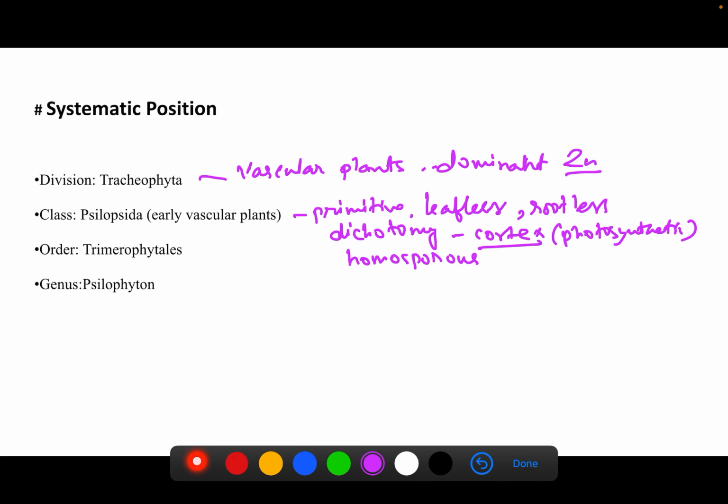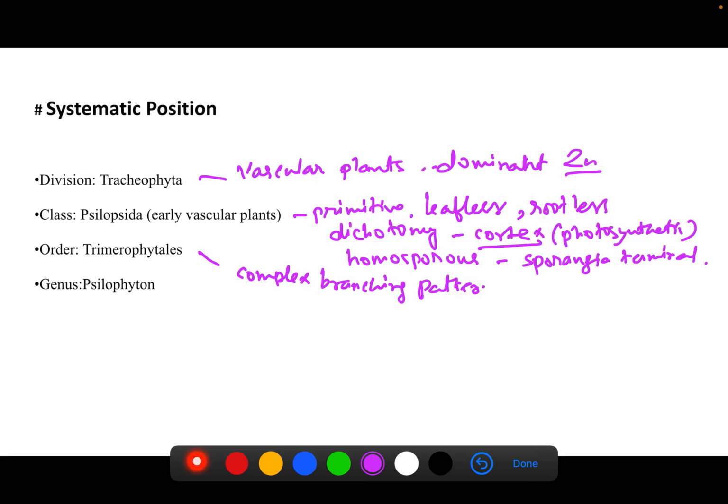The sporangia are borne terminally on the aerial axis. That means sporangia are terminal in position. Then the order is Trimerophytales. Order Trimerophytales shows complex branching patterns.